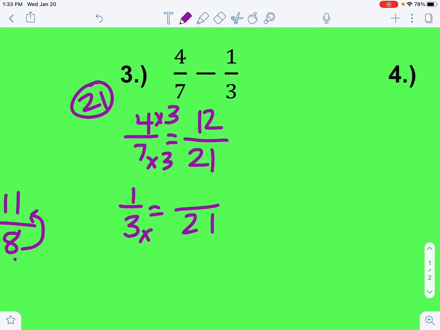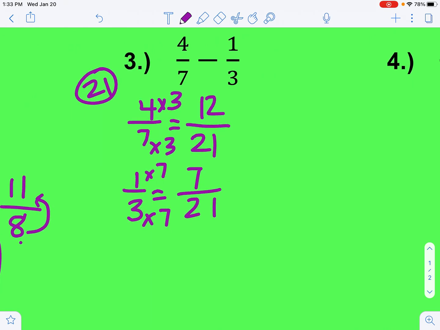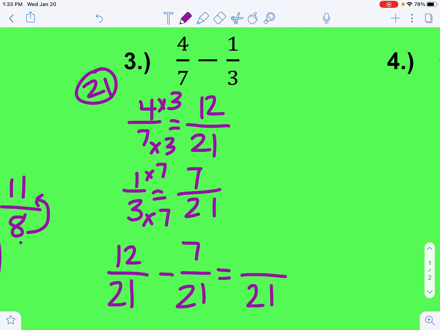And then down at the bottom, 3 times 7 gives us 21. 1 times 7 gives us 7. So now let's rewrite our problem. We're really taking 12 over 21 minus 7 over 21. Our denominators are the same, so they're going to stay 21 in our answer. 12 minus 7 gives us 5. 5 over 21, we cannot simplify, so we're done.